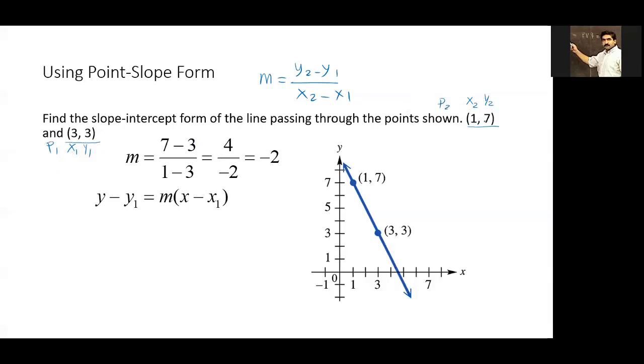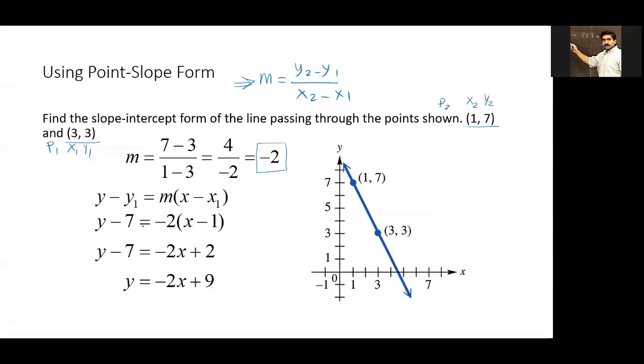Once you decide that and label the points, you can substitute the values into this formula to solve for the slope. Slope is minus 2. Now, if I substitute minus 2 for m and pick either of these 2 points and substitute that for x1 and y1, I can get the equation of the line. Again, you can pick either of the points.